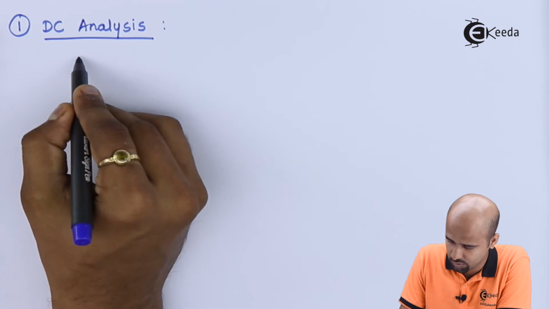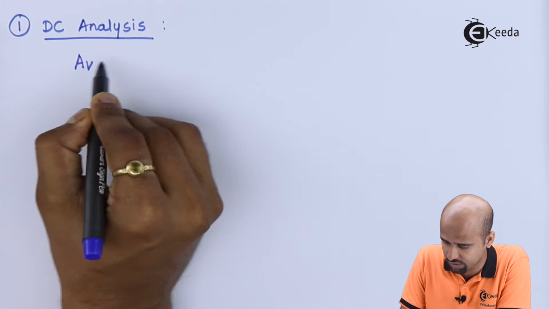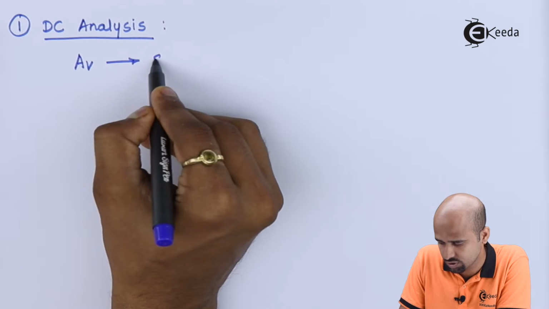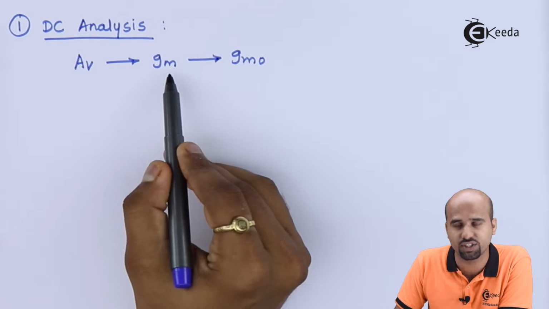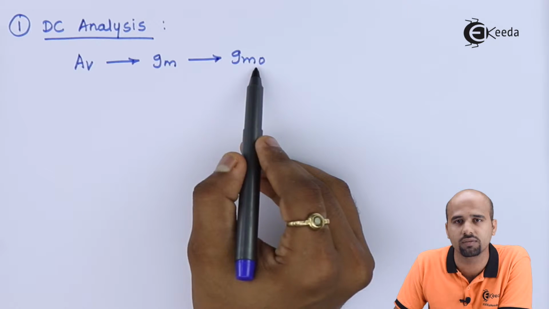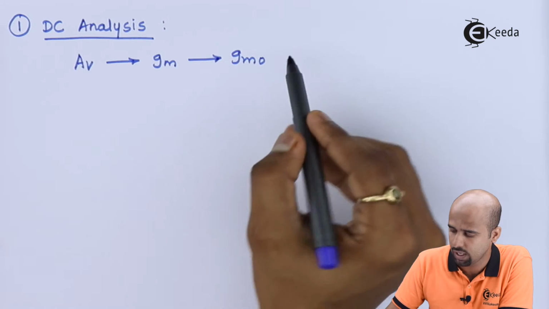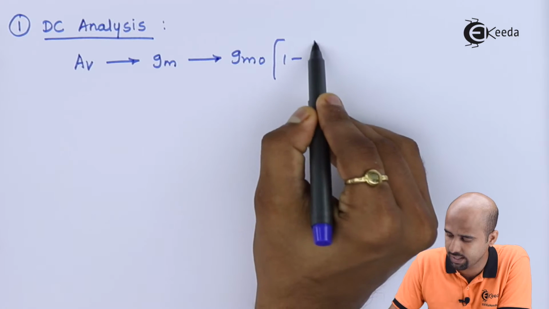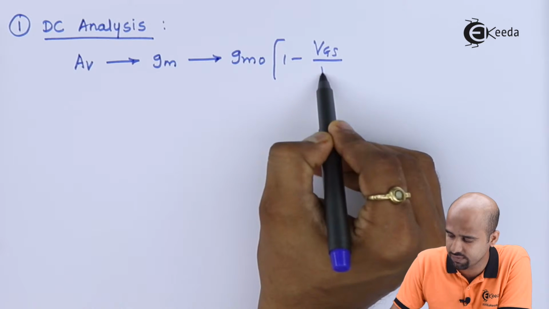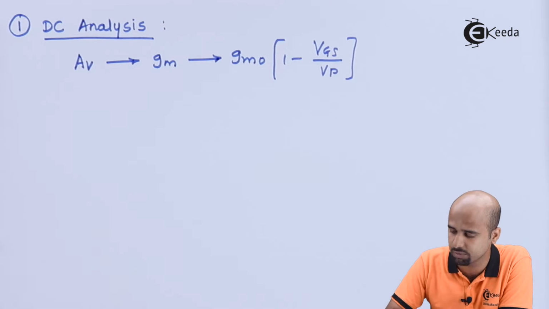See, for voltage gain AV, we require GM. To calculate GM, we require the value of GMO and 1 minus VGS divided by VP, that is nothing but your formula for GM, right?